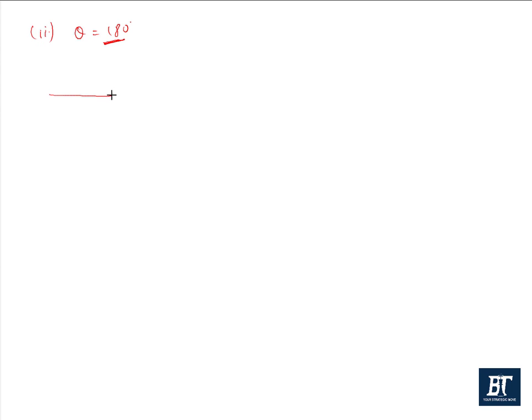So this is our vector A, and vector B in this case will point in the opposite direction to vector A. We will fix the first vector, and then we will place the tail of the second vector over the head of the first vector.